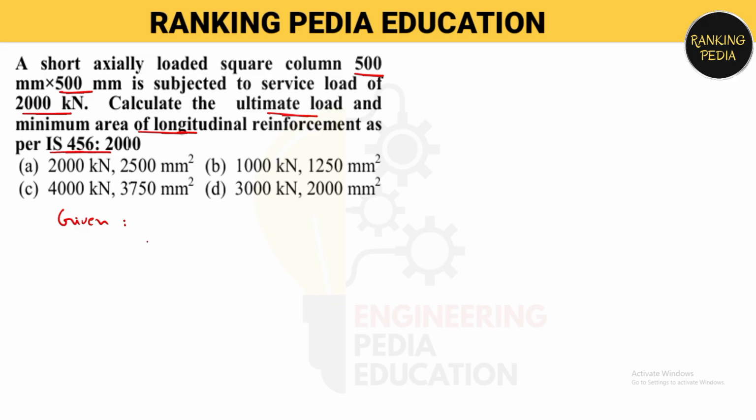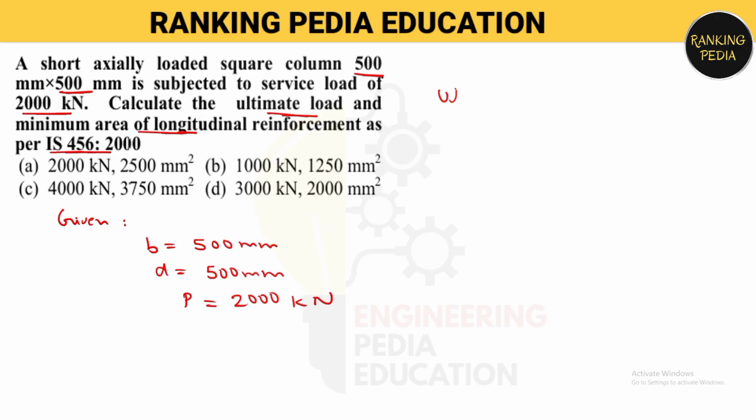So what is given? B is 500 mm. Next is your D, which is 500 mm. P is given as 2000 kN.